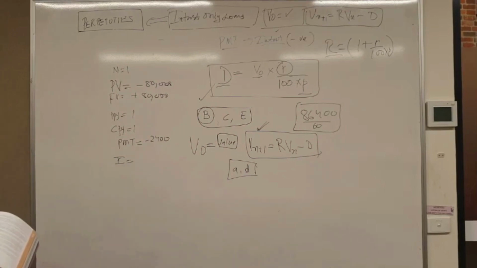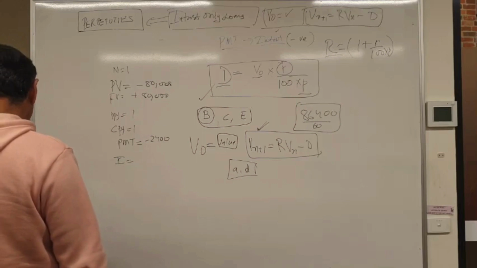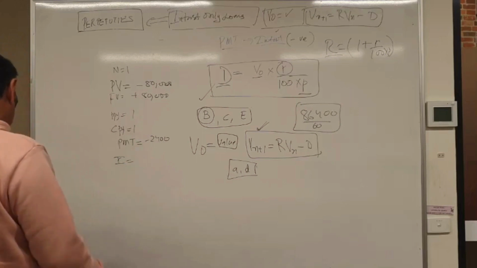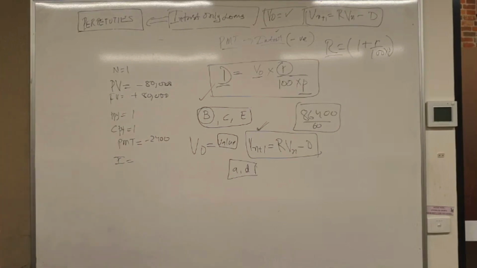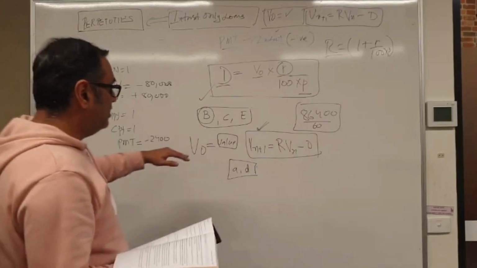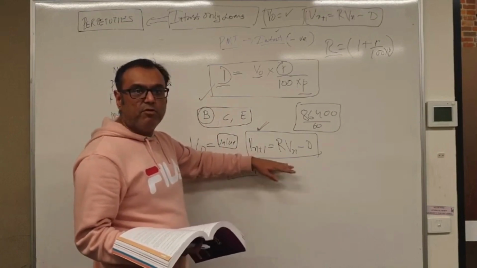Let's look at B. P0 does not make any difference, because the question has not given me the starting value, so I should safely ignore the P0s. The hidden trick is in this formula.